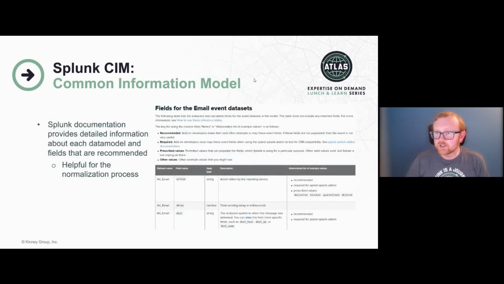In Splunk documentation, it provides detailed information about each of these data models and the fields that are recommended. This is very helpful for the normalization process, which we'll talk about in a moment. But it's worth noting that all of the data models that come in with the Common Information Model have a page in Splunk documentation that gives you a lot of very useful information if you're starting to work with that data model.